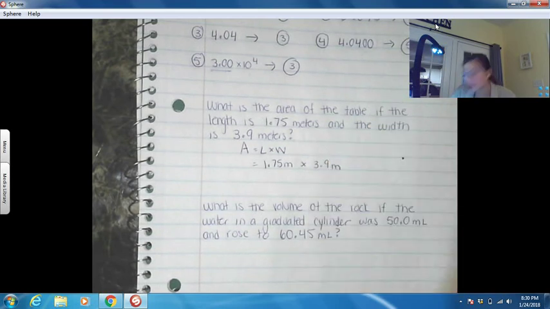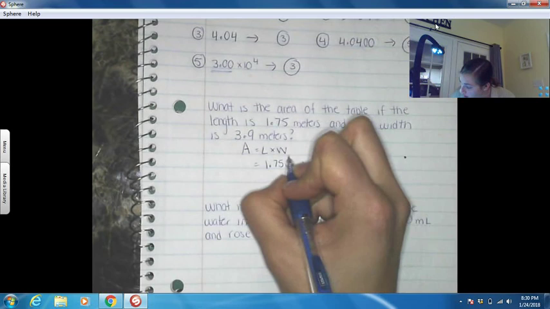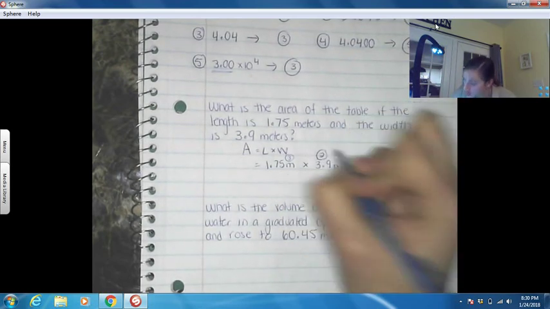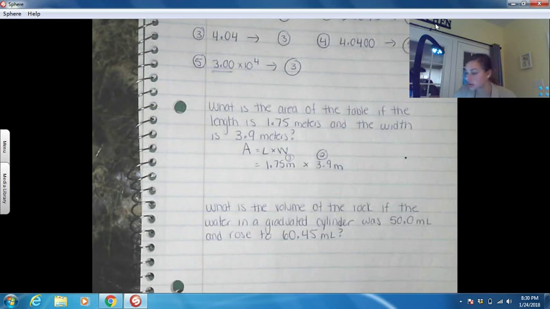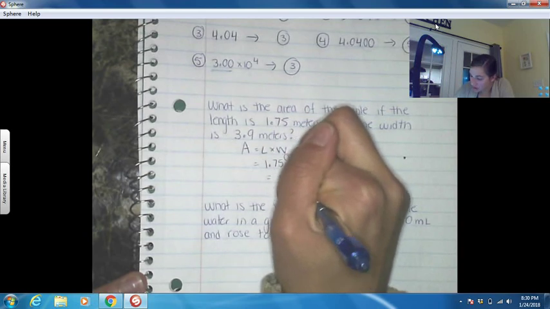So here we're doing multiplication. If we think back to the multiplication rules, it's the least number of sig figs. So here we have 3 sig figs. Here we have 2 sig figs. So our answer needs to be 2 sig figs. So in my calculator, I'm going to put in 1.75 times 3.9, and that comes out to 6.825.